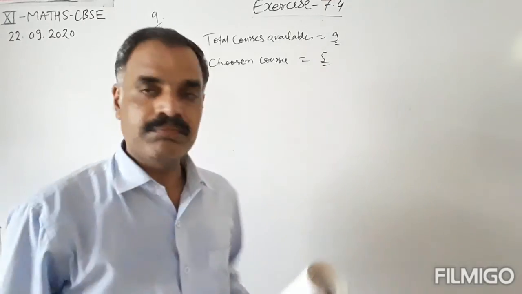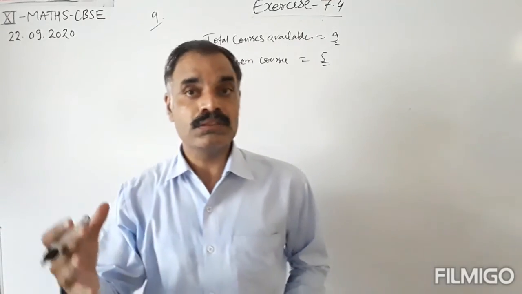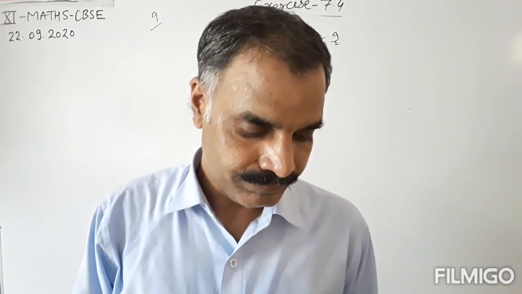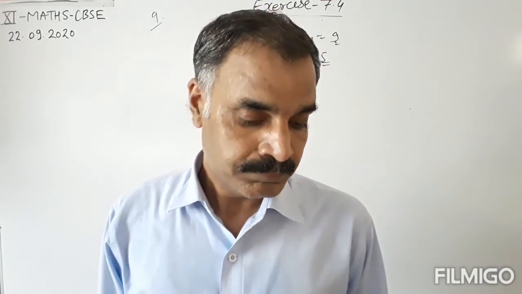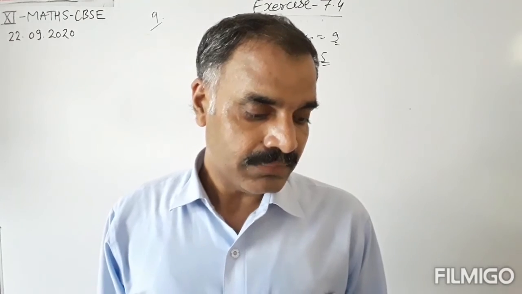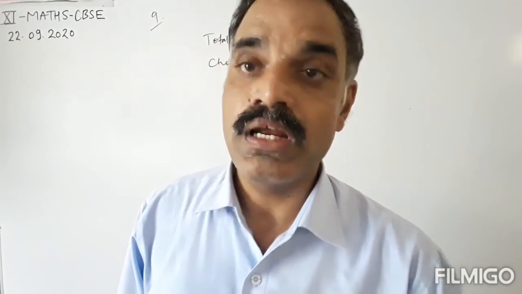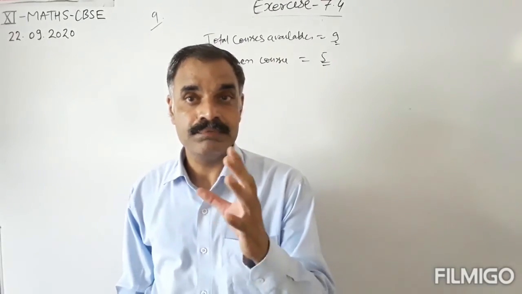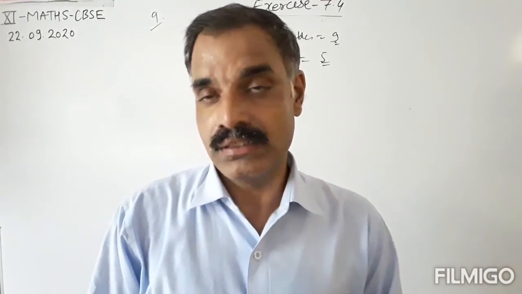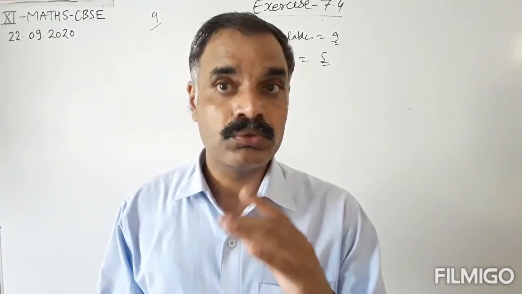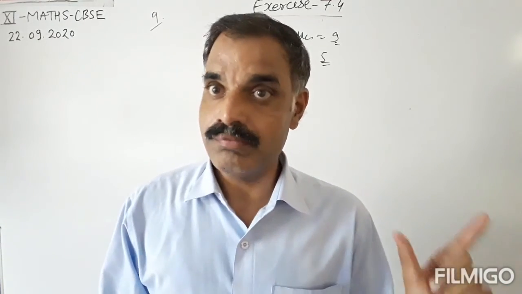Okay, means we have to choose 5 courses out of the given total 9 courses. Okay, but the condition is this: 2 specific courses are compulsory for every student. Okay, so 2 specific courses we have to choose always.